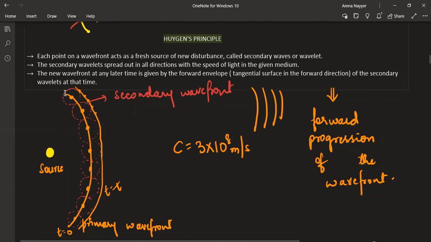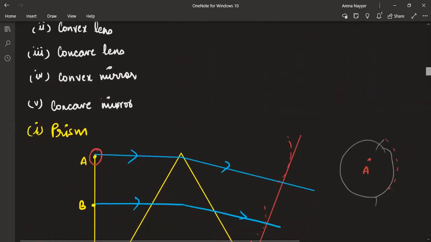Each point on it will act as a fresh source of new disturbance. So you will have secondary wavelets. If you drop a tangent on all of these, you'll get a new wavefront. So this is how it has moved further. Similarly, all these will act as fresh sources, and so on. It will keep on moving, and the speed with which they move is the speed of light.